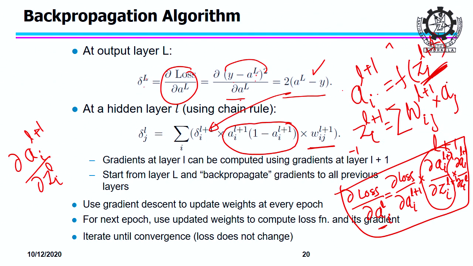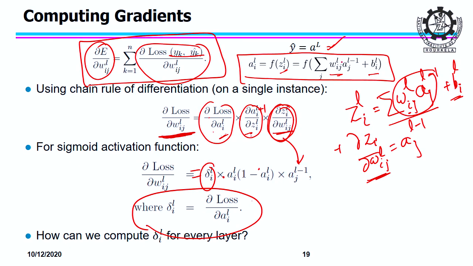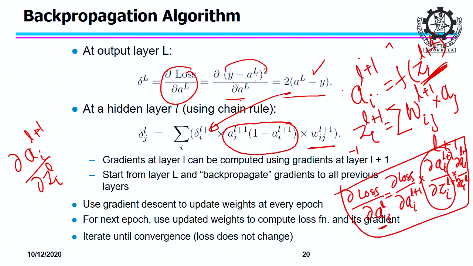If you go back to the formula here, whatever the value is, the level should be L minus 1. So, A_j will be at level L.